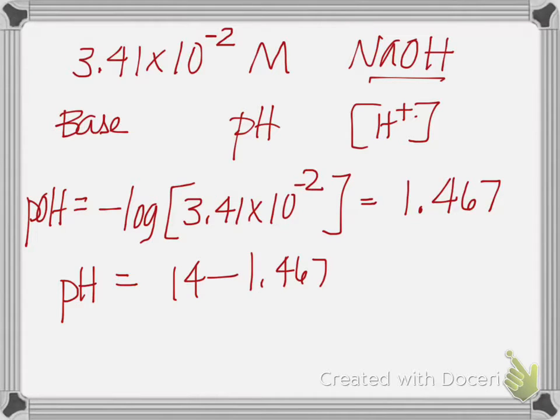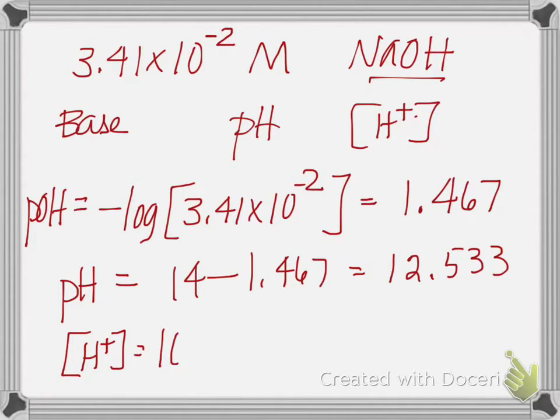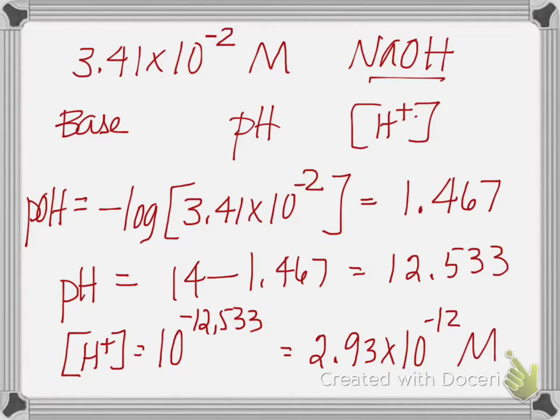And I would get that my pH is now 12.533. And now I could find my hydrogen concentration by taking 10 raised to the negative 12.533. And I would get 2.93 times 10 to the negative 12 molar of hydrogen.